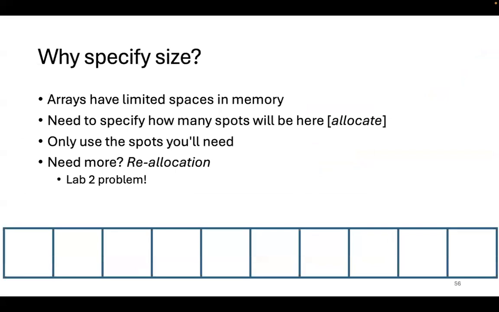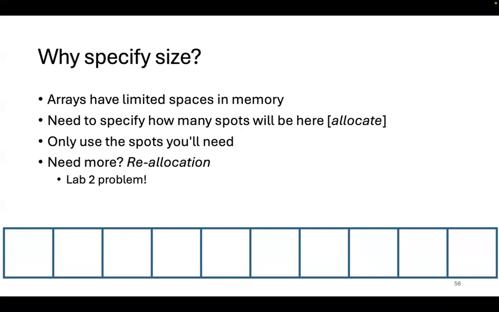So the reason that we have to specify the size is that arrays have limited space in memory. The way Java works is it asks us to say, here's how big it's going to be. That way we only use the spots that we'll need. If we need more space, then we do something called reallocation.